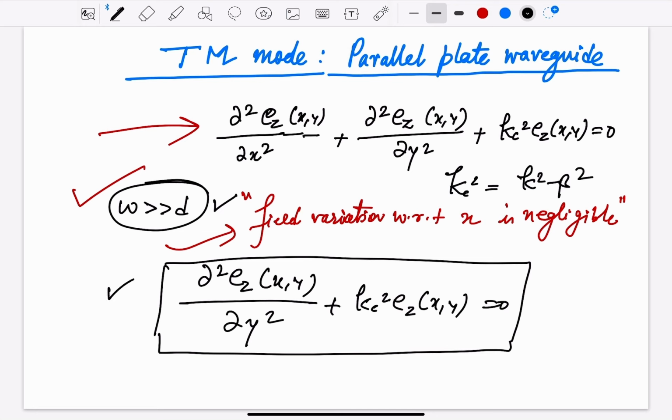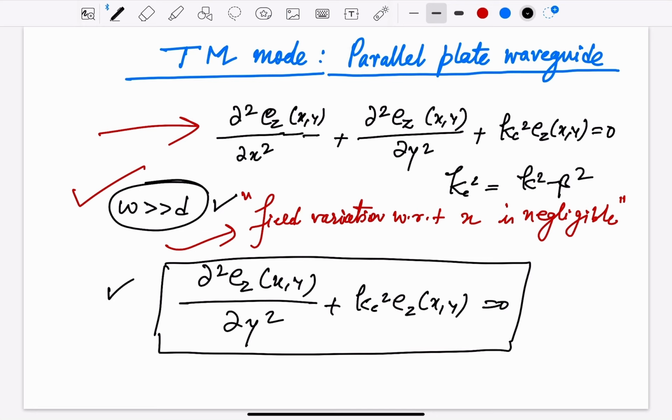So right now we have all the field components, the cutoff wave number, cutoff frequency, beta, and all for both TE and TM mode. Now let us focus on the phase velocity, group velocity, and the wavelength when the propagation is happening inside the waveguide.